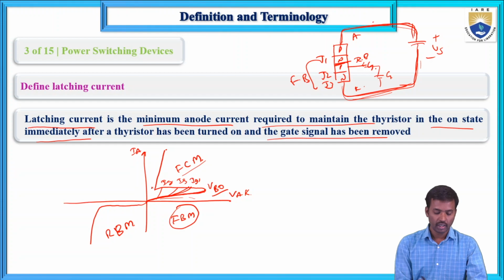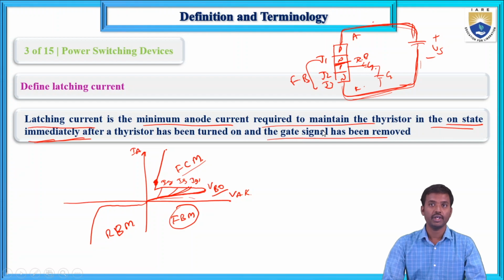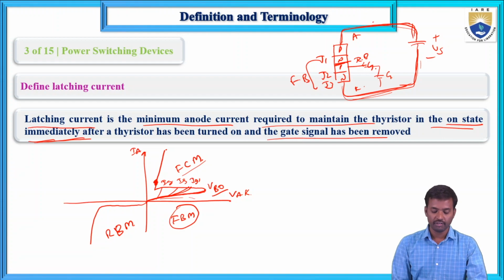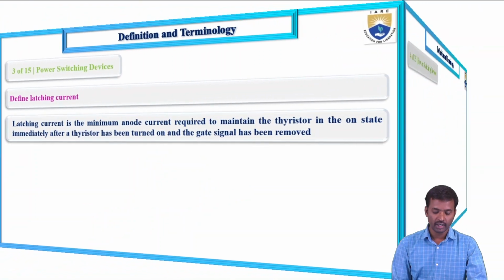So the minimum anode current required to maintain the on state, that is the forward conducting mode, immediately after the thyristor has been turned on, is the latching current, when the gate signal has been removed. And next, another definition is also the same here.